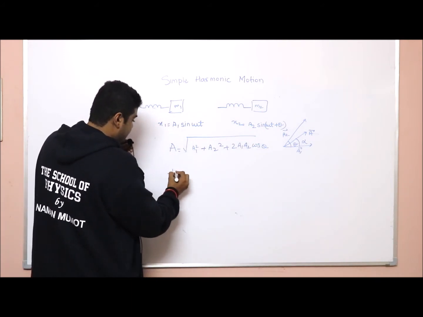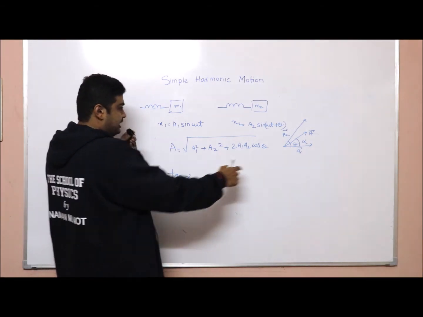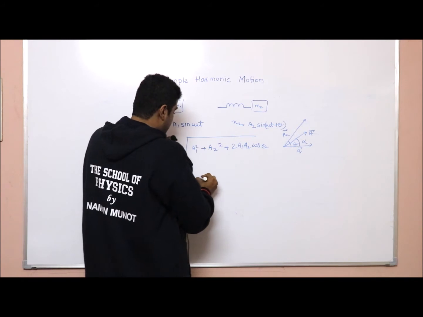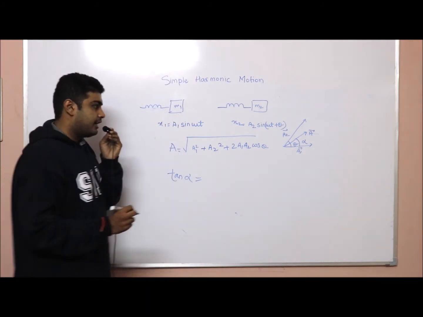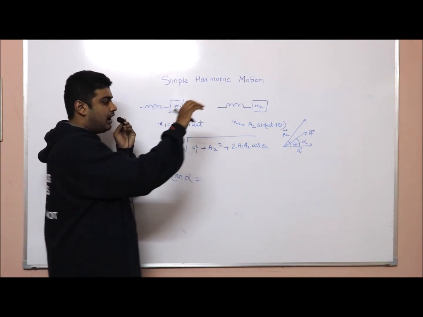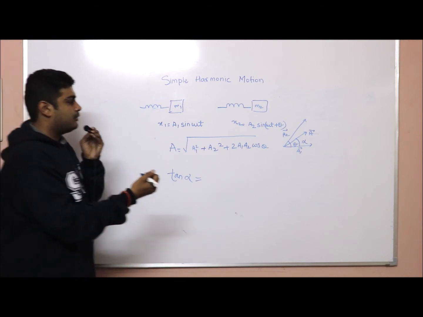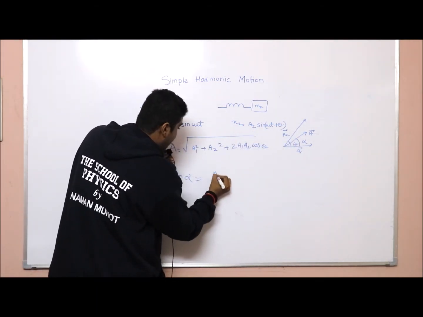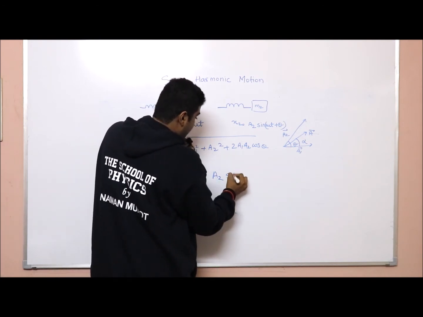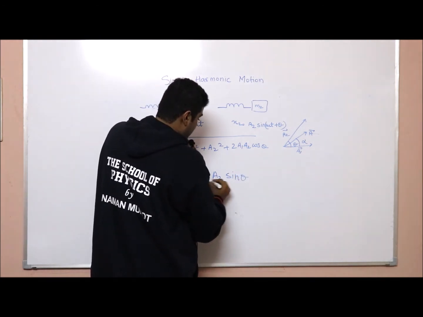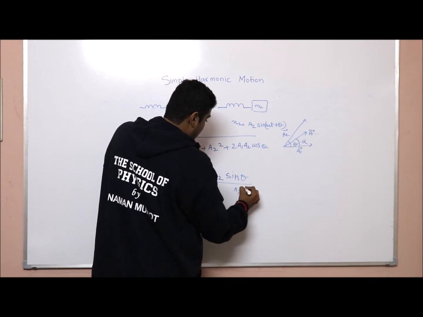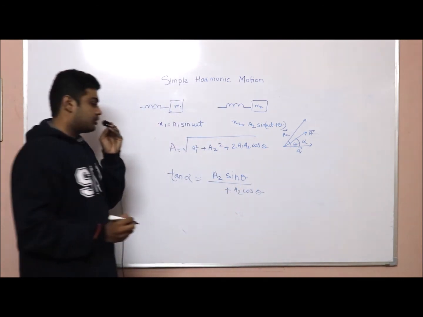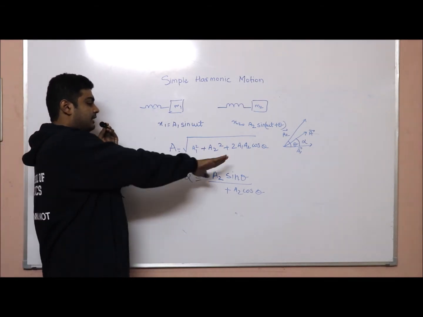We can write tan alpha, which is sin alpha upon cos alpha. When it is measured from A1, tan alpha is equal to a2 sin θ upon a1 plus a2 cos θ.